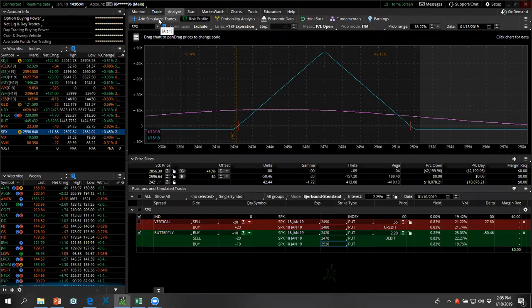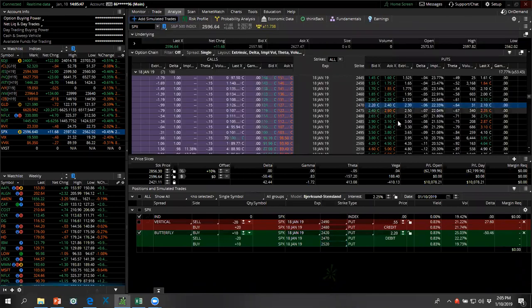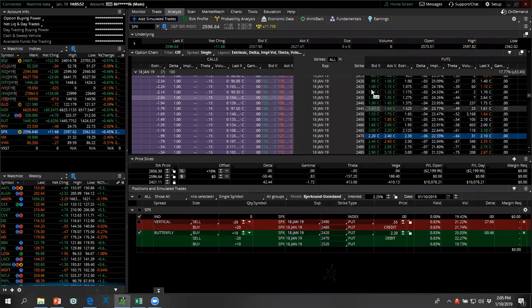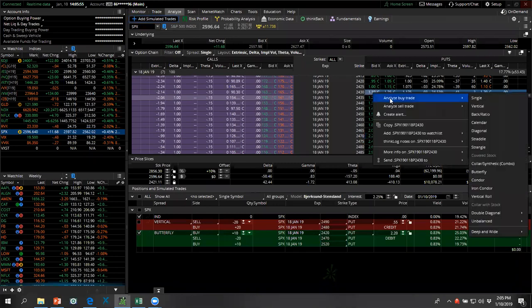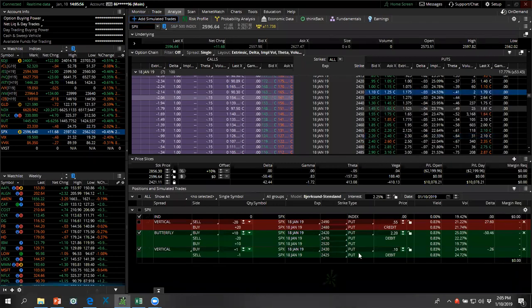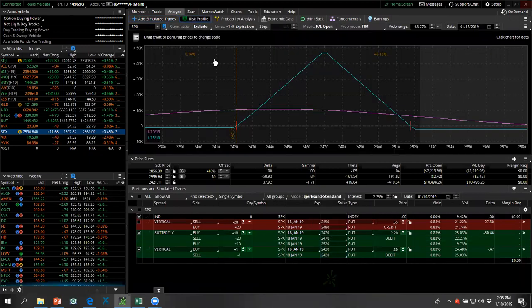So what's the standard thing that people do? They roll up some of these longs, all right? Well, that would simply be a debit spread. So we're going to sell some 24.20s and buy some 24.30s. And I'll just model up a debit spread. And it would look like this, okay? And you can see that if you look at the graph now, it's $1,220 instead of $2,200.